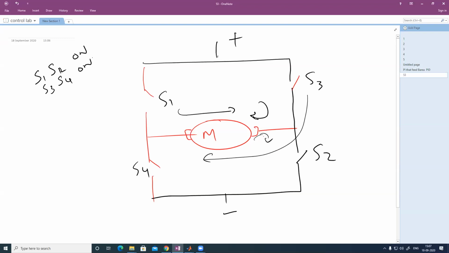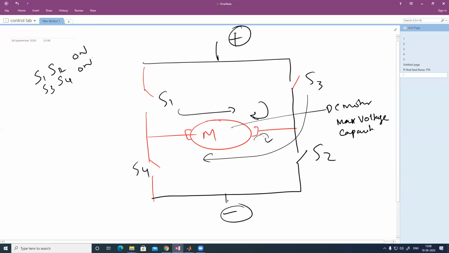So this is positive and this is negative voltage. This is a DC motor, torque motor, and this motor has a maximum voltage capacity and maximum torque capacity. All motors have a maximum rated voltage, this is called rated voltage. You cannot run the motor beyond rated voltage.